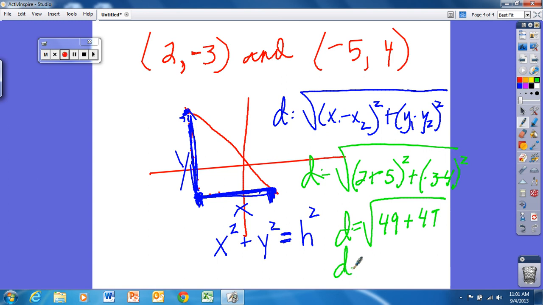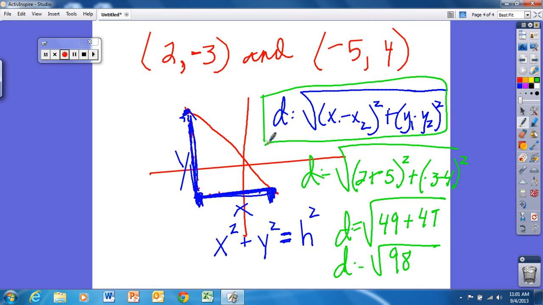So your distance is the square root of 98, which is approximately, I don't know, 9.8 or something like that. But that's how you do the distance formula, and this is the distance formula.